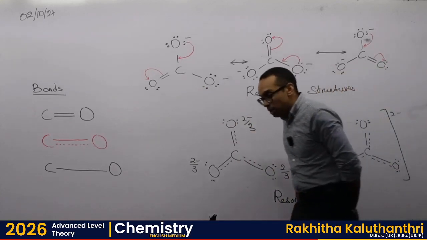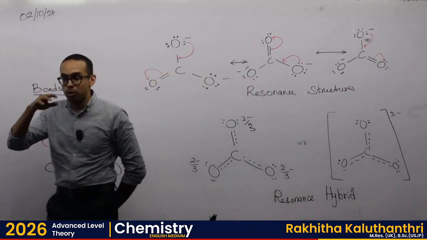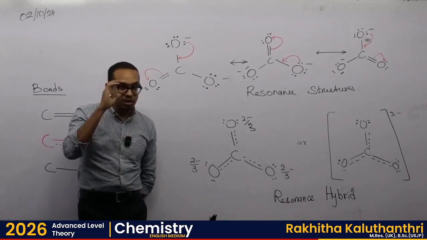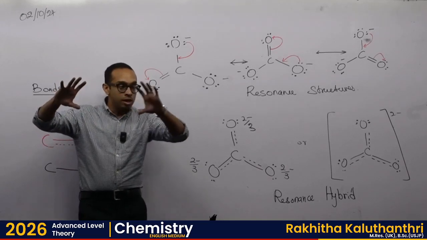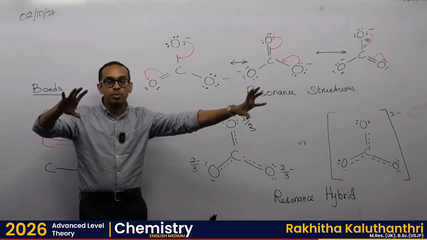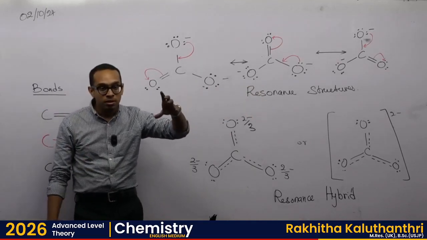But when it comes to certain resonance structures, you will come across later down the line, and at that point I will show you. I don't want to complicate it too much in the start itself. There are certain resonance structures where one structure is stable, the other one is moderately stable, and another one is unstable. You can draw resonance structures. You are the one who's drawing it, no? Right?